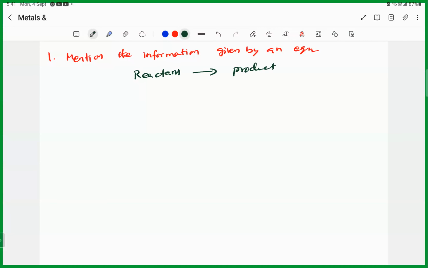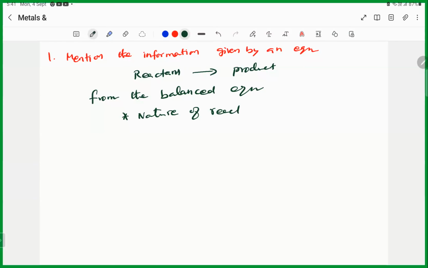So from the balanced equation, we can show the nature of reactant and products.